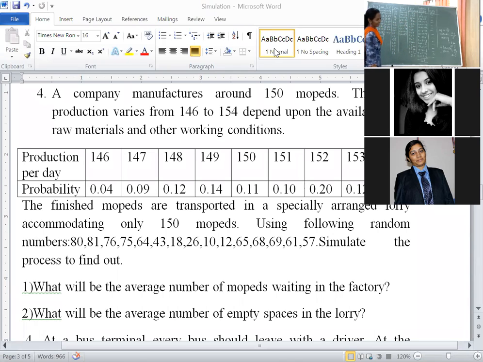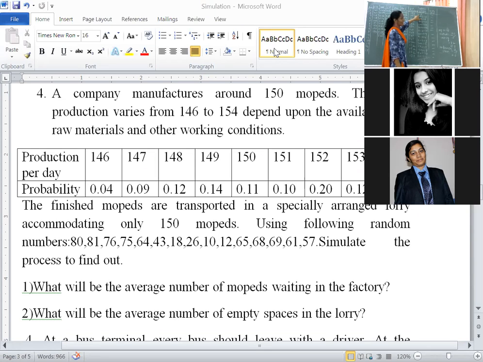But the lorry accommodates only 150 mopeds per day. For that purpose, they asked for empty spaces and how many mopeds are balanced in the factory. You have already calculated the simulated values. Then how to calculate the balance in the factory? First day the factory produces 153 mopeds. We have to transport only 150 mopeds.